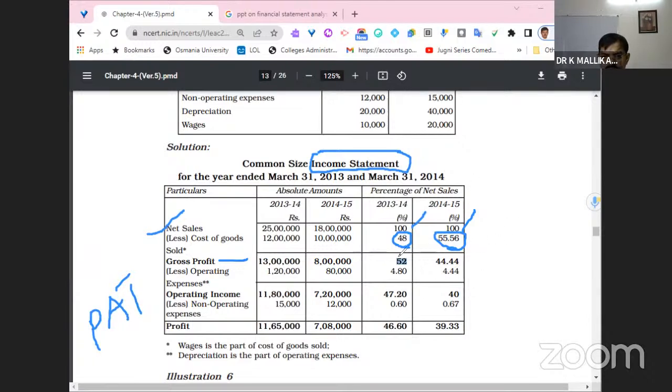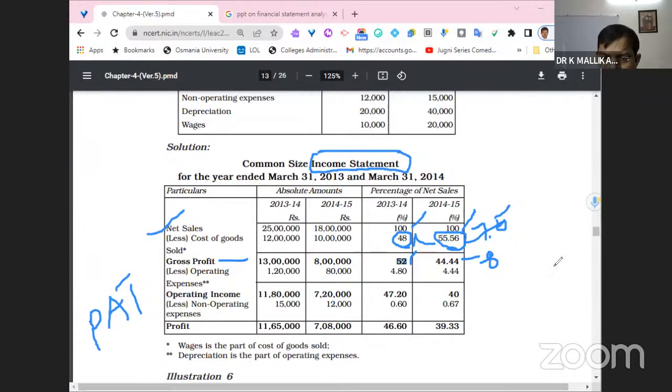Okay. So here you can compare the previous year income statement to this year's. Our interpretation is that cost of goods sold increased. Earlier it was 48%, now it is 55%, almost 7.5% increase. Gross profit compared to the previous year decreased. Earlier gross profit was 52%, now it comes down to 44%, 8% minus in gross profits.